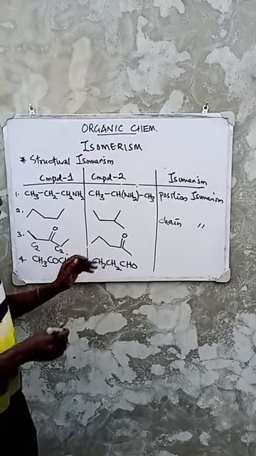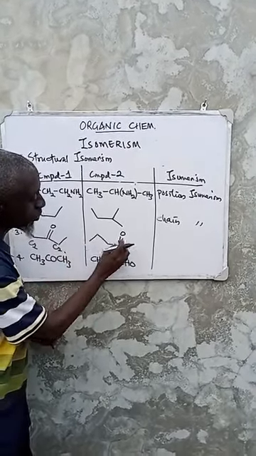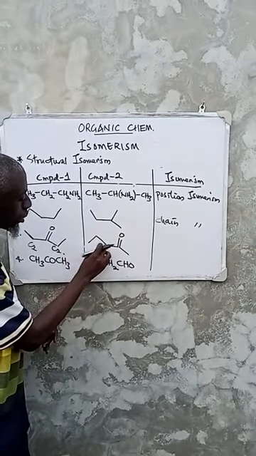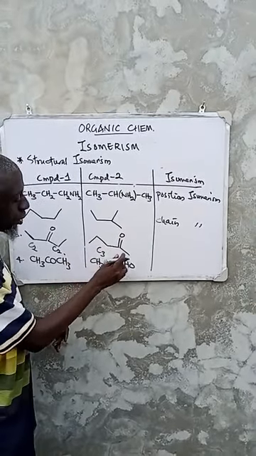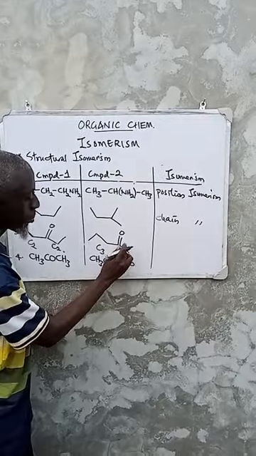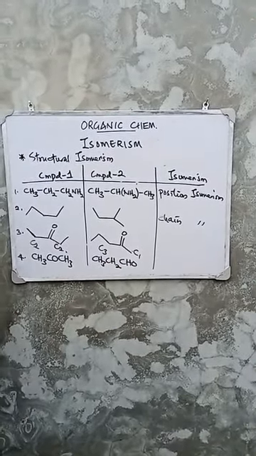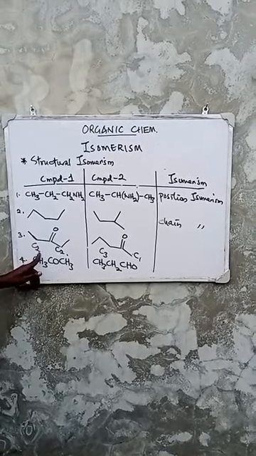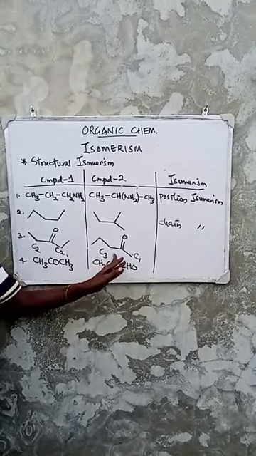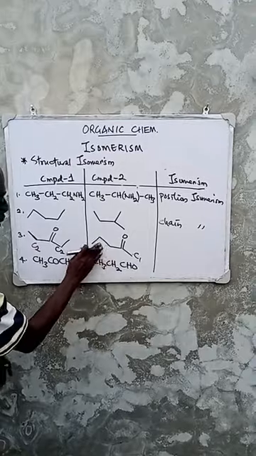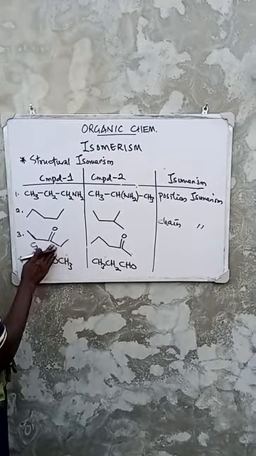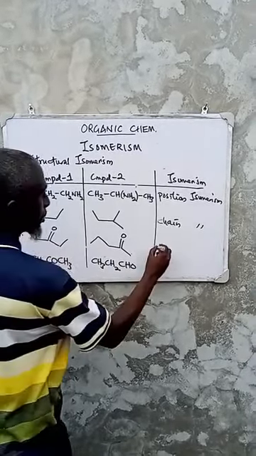Now let's look at this one: 1, 2, 3 before the ketone group, and 1. So a propyl group, C3, while this one is a methyl group, C1. So the alkyl groups are distributed differently: here 2:2 and here 3:1. Because of that, we say that they exhibit metamerism.